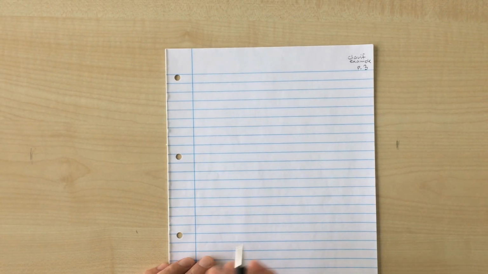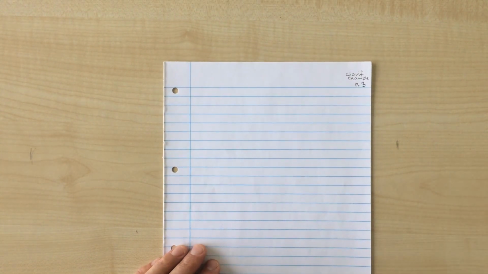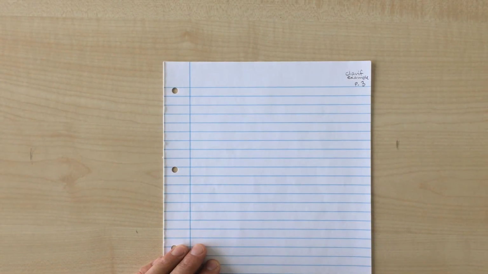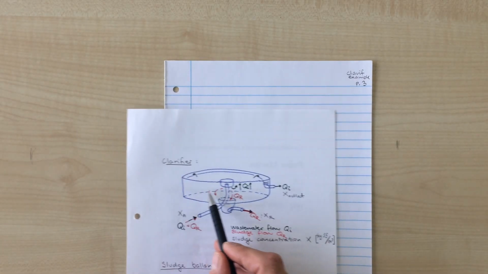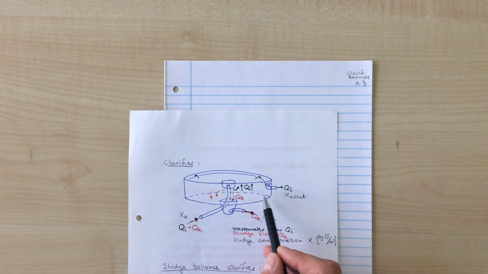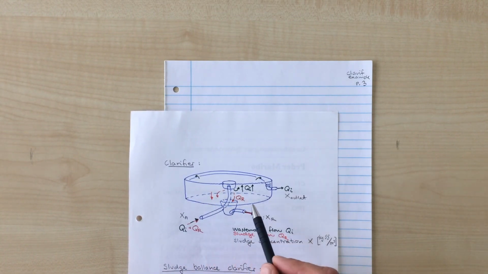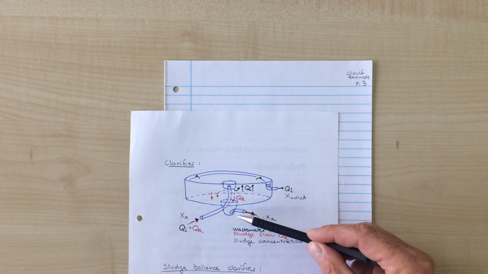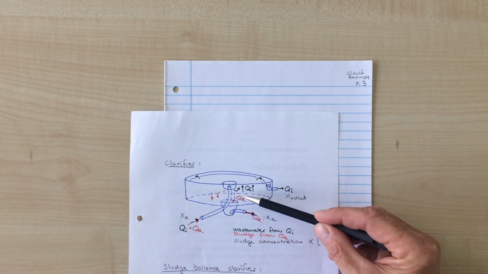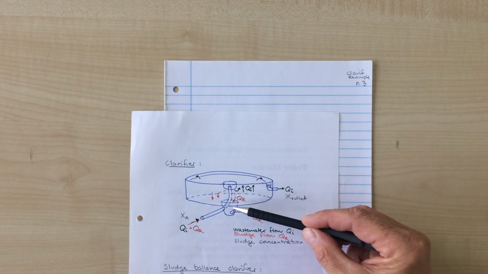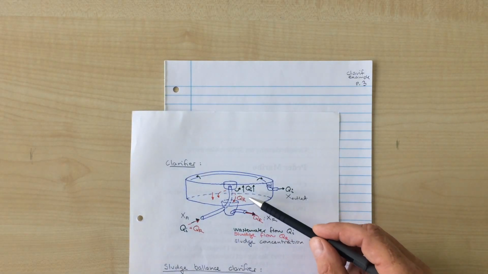I'm choosing to look at what, if I have a peak flow situation here, will be the time I have for the sludge in the lower half of the clarifier. So I will say that this lower half will be the space I can fill up with sludge, and this sludge will move downwards to be pumped out of the clarifier.